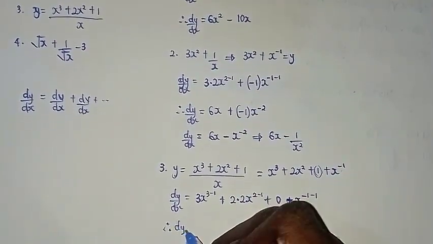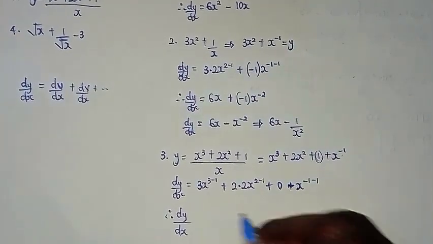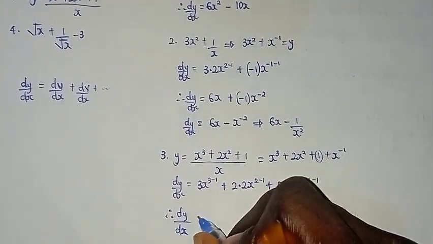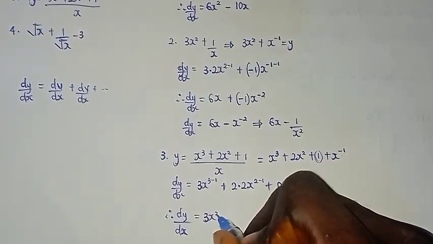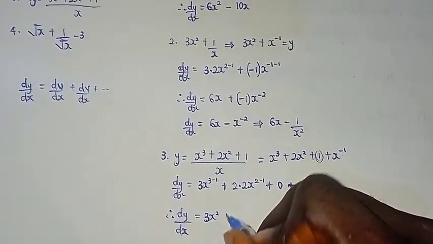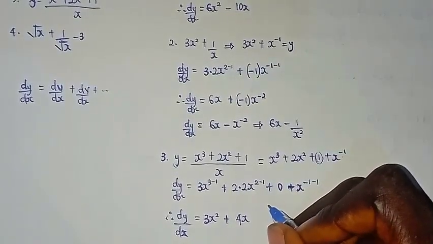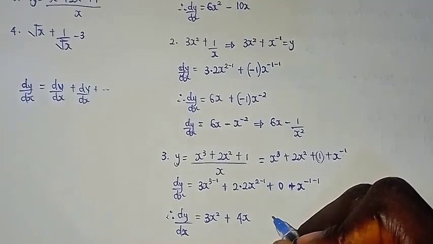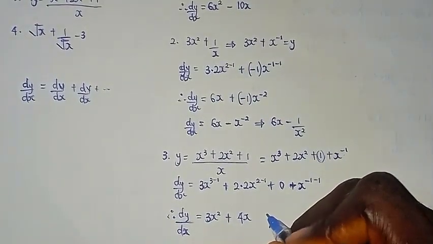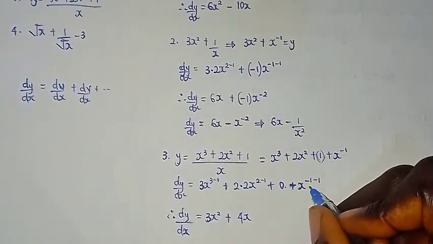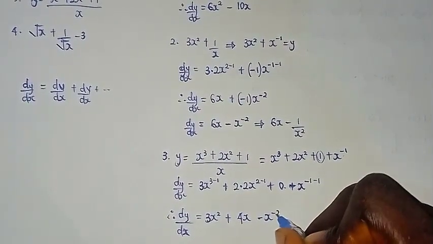So if we simplify this further, we'll get our dy over dx becomes 3x squared plus 4x, and then this is 0, and this becomes minus x raised to the power minus 2.